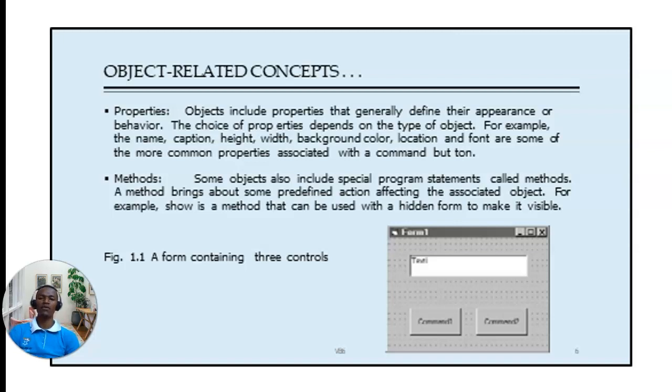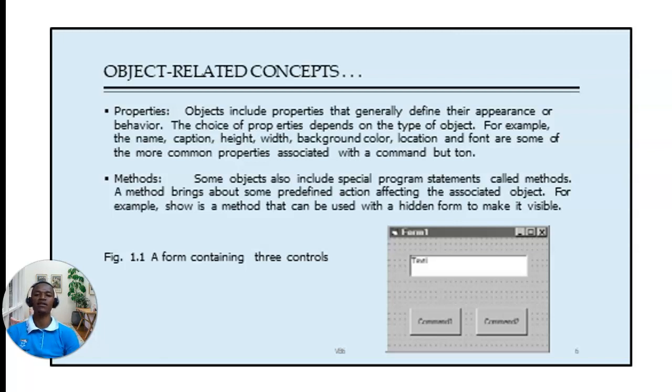What are methods? Methods, in some objects, also include special program statements. They are called methods. These methods are also referred to as procedures or instructions. A method brings about some predefined action affecting the associated objects.